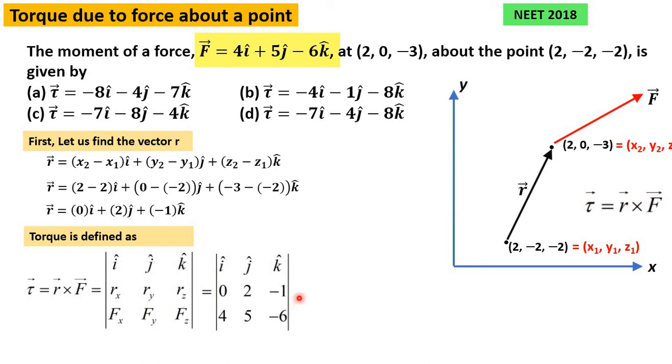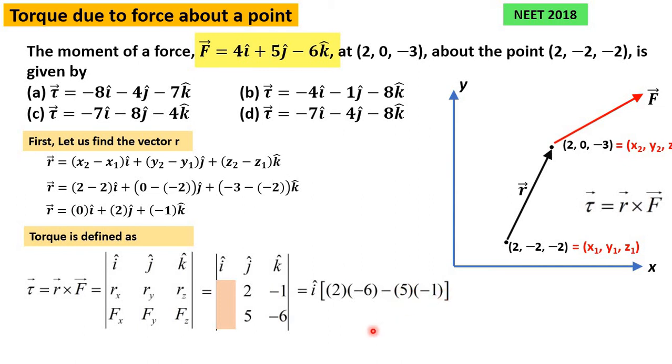Now to evaluate this determinant, first of all hide the numbers below i cap, and then we write down i cap multiplied by the cross product 2 into minus 6, then subtract the cross product 5 into minus 1.